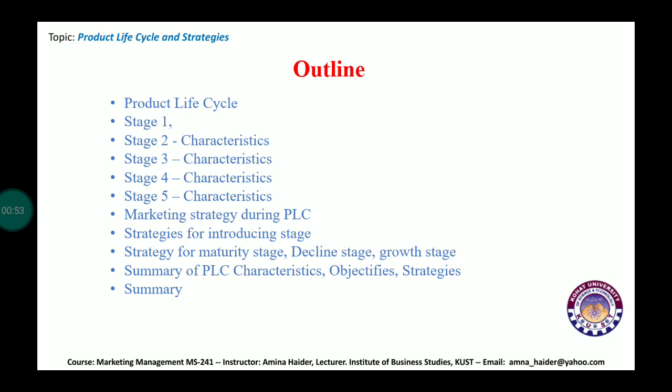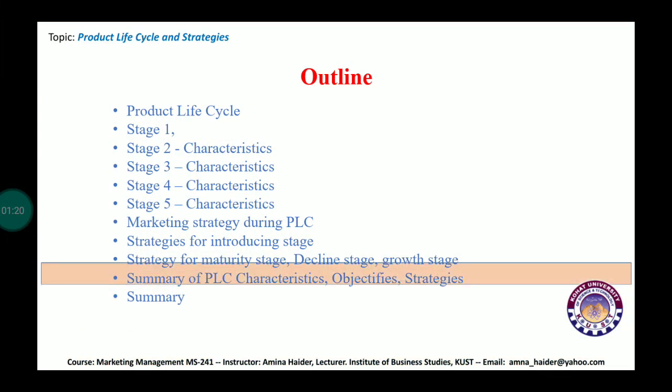We would discuss marketing strategy during product life cycle, the strategies that are adopted during introduction stage, during maturity stage, the growth stage and the decline stage, and in the end we would summarize all the characteristics and objectives and strategies.